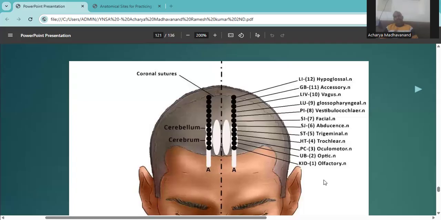Do you understand all the point locations? All the points start from 1 centimeter above the hairline and 1 centimeter lateral to the mid sagittal line. All the points are adjacent to each other.